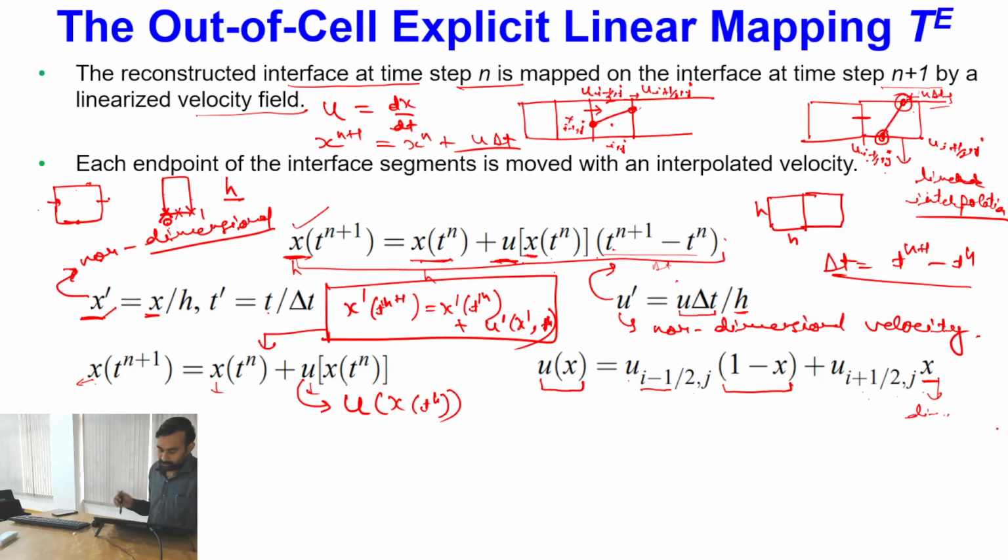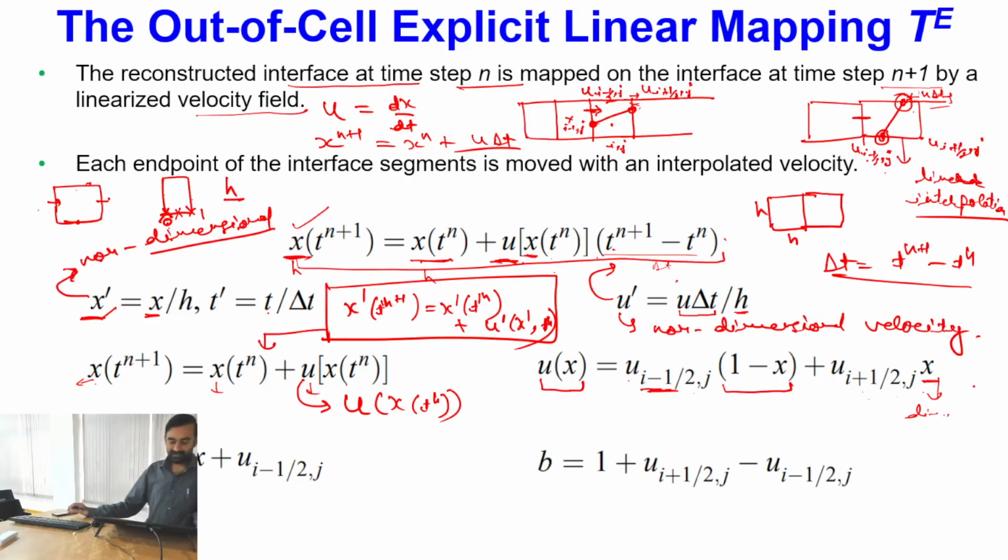So when x is 0, I am pointing at the left face, and the velocity should be that at i minus 1 by 2 comma j. And when x is 1, I am pointing at the right face, and the velocity is that at i plus 1 by 2 comma j. Are all clear with this idea? So the non-dimensionalization has helped us define a simple equation for linear interpolation of the velocity field. Is this one clear?